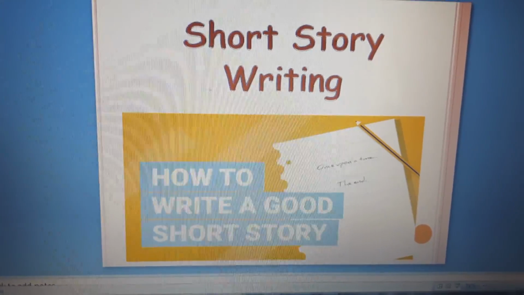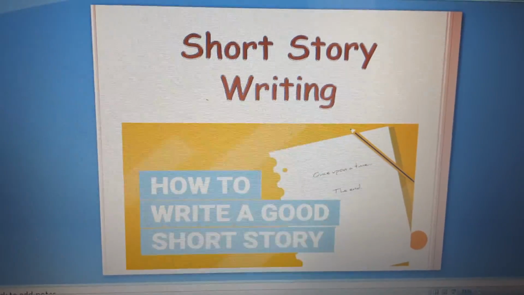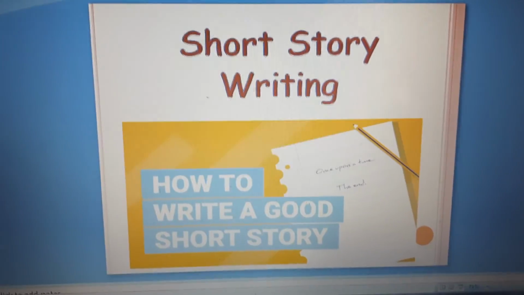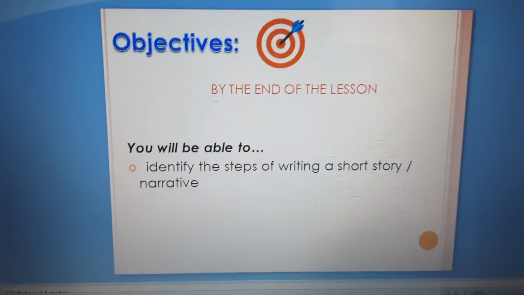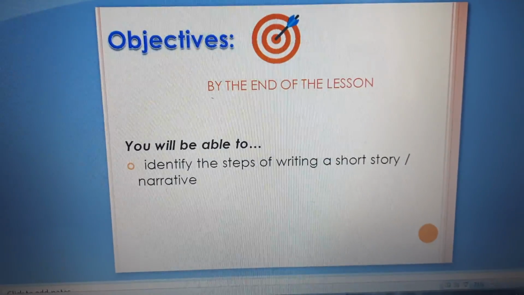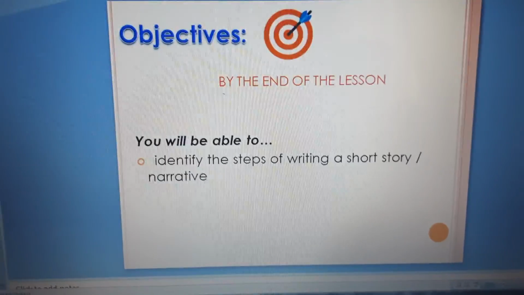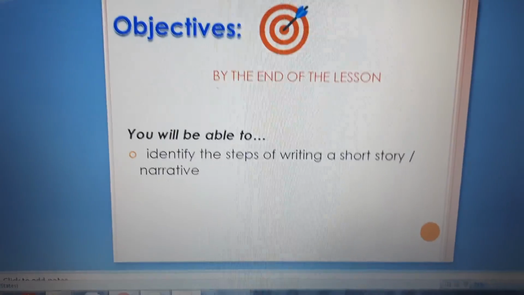So first of all, what is a short story? Think about it for a minute, and then I'm going to show you the answer. Here you will be able to identify the steps of writing a short story or a narrative.